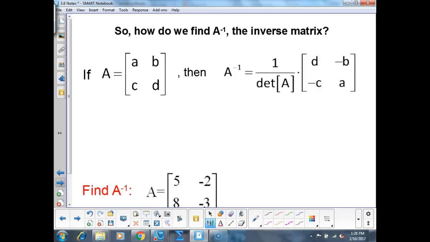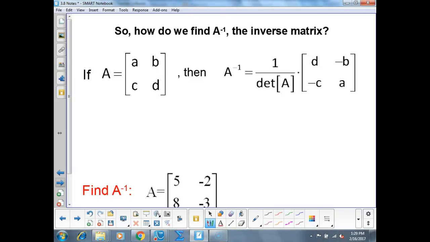Now, on your calculator, there is a feature that allows you to find inverses. However, if you have a 2 by 2 matrix, it is faster and less confusing to find the inverse by hand.